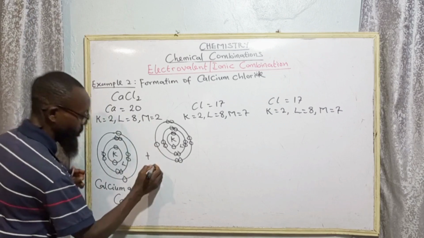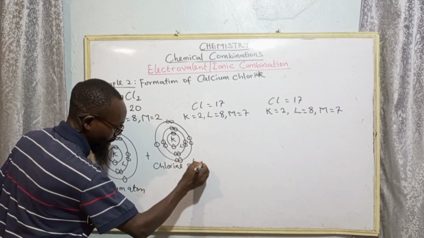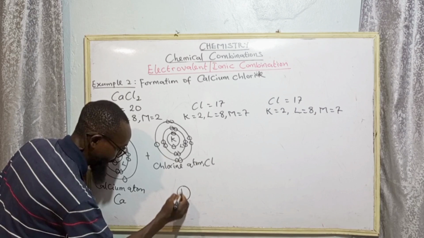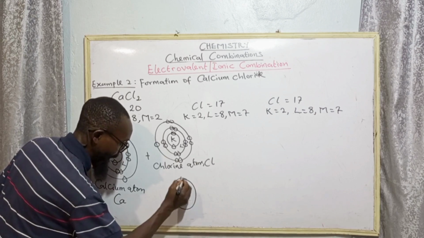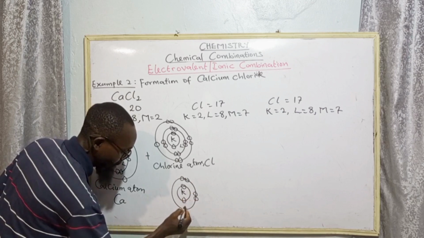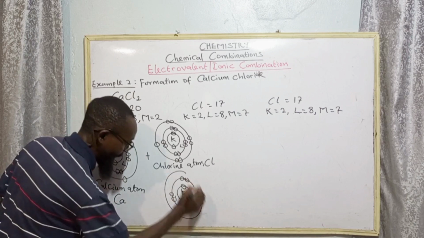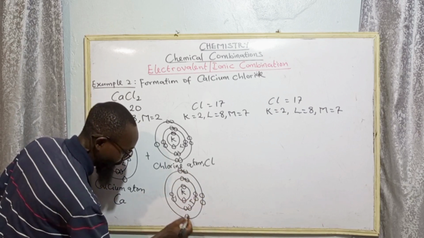Then this is chlorine atom, Cl. Then the second chlorine, K shell having 2 electrons, L shell having 8 electrons, and the M shell having 7 electrons.